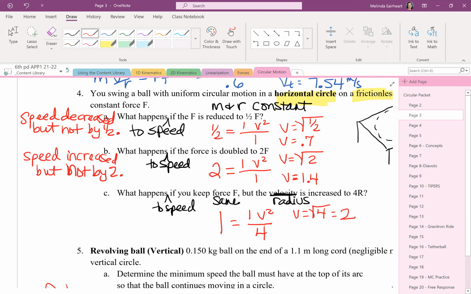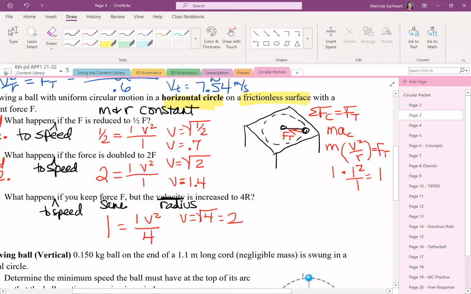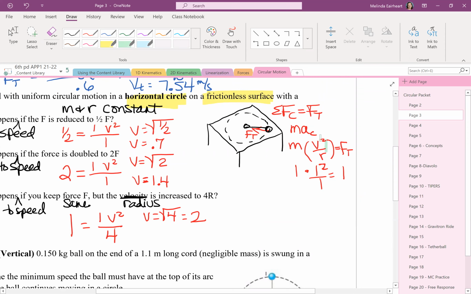And you can kind of see this in the equation because your velocity and radius, they're directly proportional if you have constant force, right? When the numerator goes up, the denominator has to go up to equal the same force. So hopefully this makes sense, right?